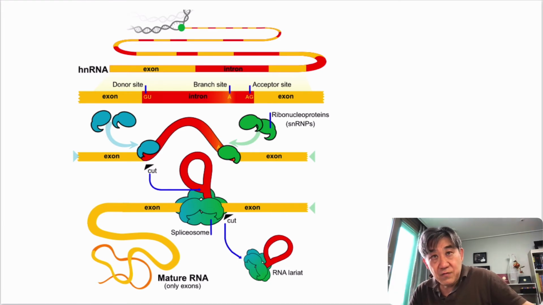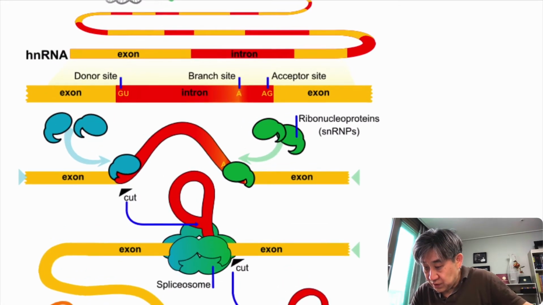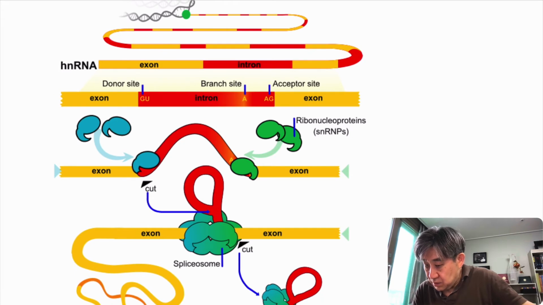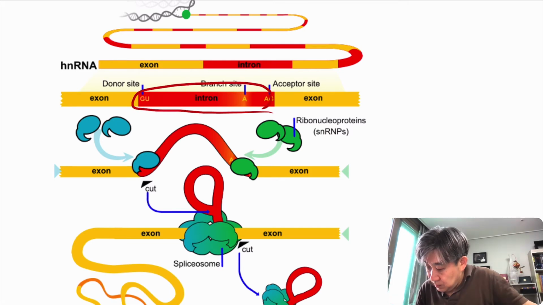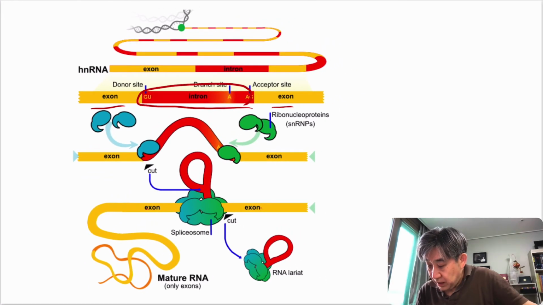The machinery is responsible for removing the intron area, as you can see over here. This is one gene, and this intron area is removed, and the yellow areas will be joined together to finally have one mature RNA, in this case a messenger RNA.